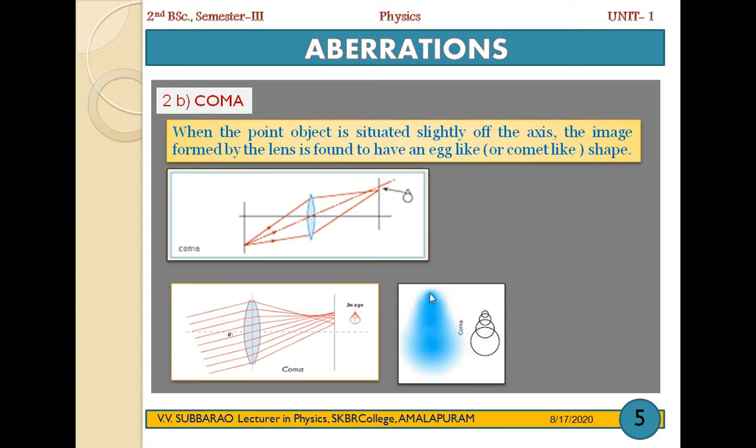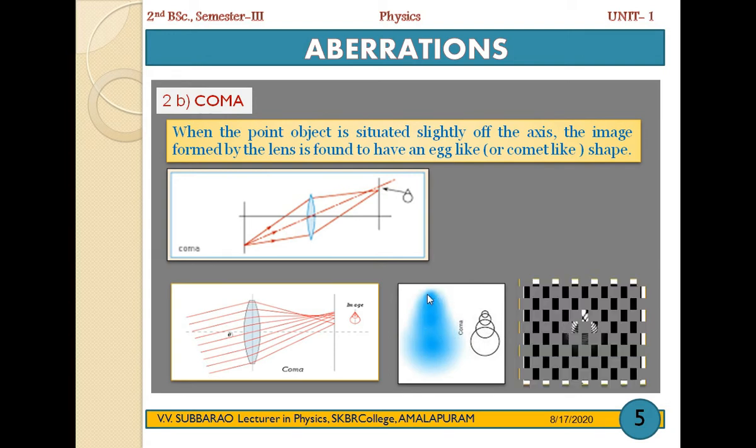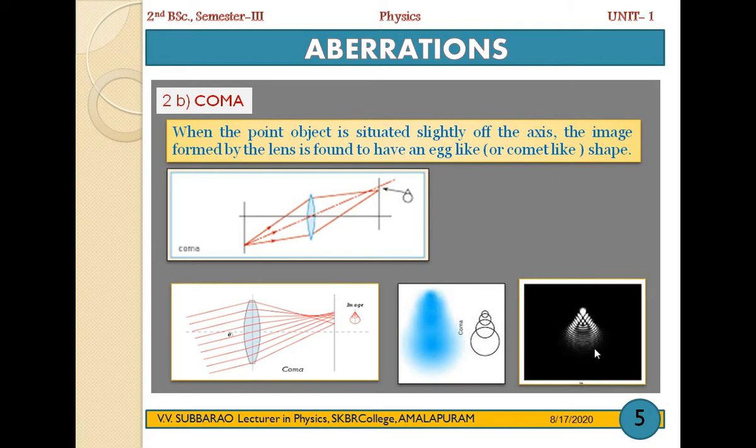It looks like the tail of a comet, hence the name coma. This image shows the actual image that we observe on the screen. It consists of a point here, and we can see various circles whose size gradually increases, and the total image looks like a comet with a bright head and tail.